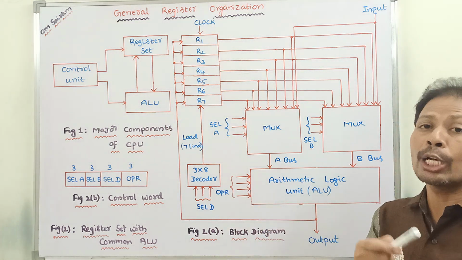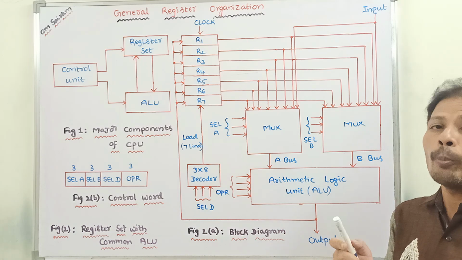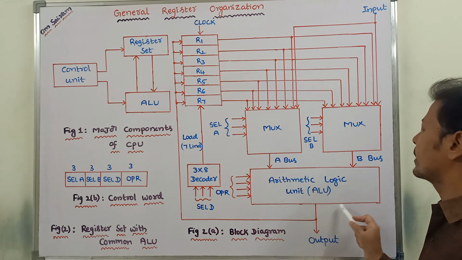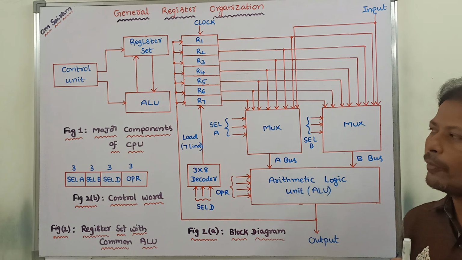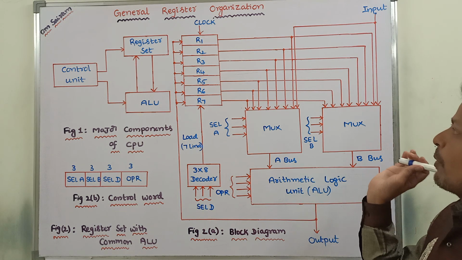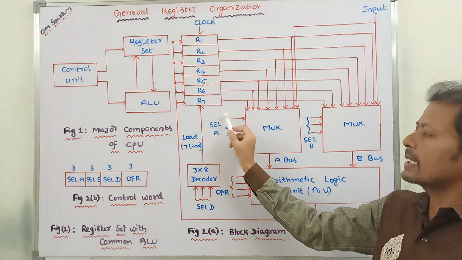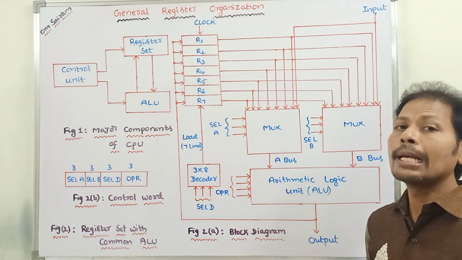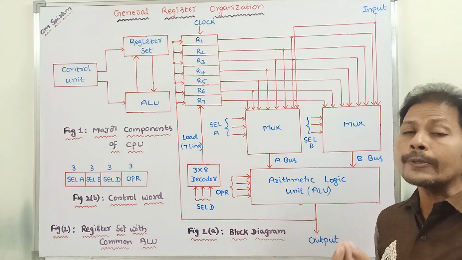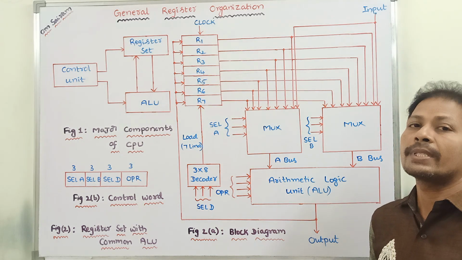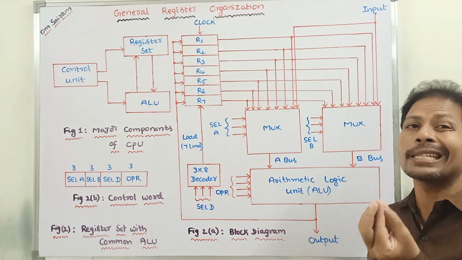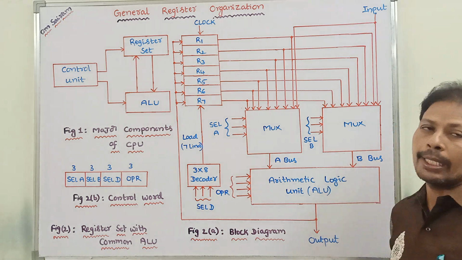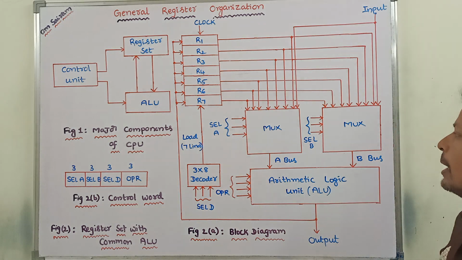Next one, the selection inputs of multiplexer A select only the source register for the A inputs of the arithmetic logic unit.